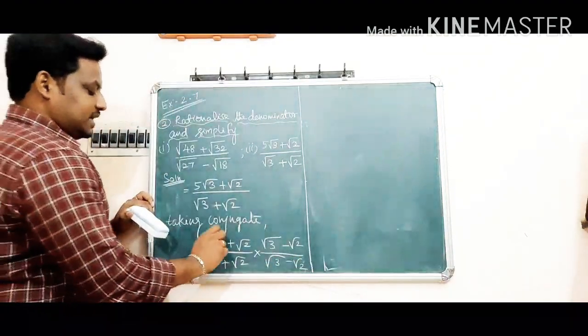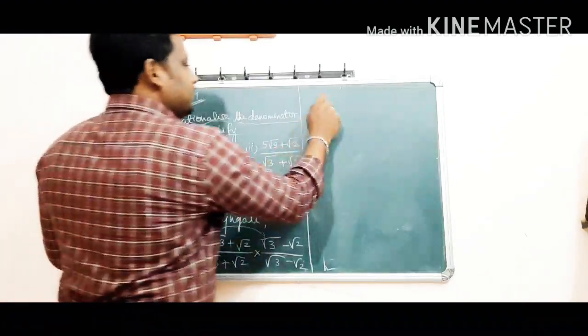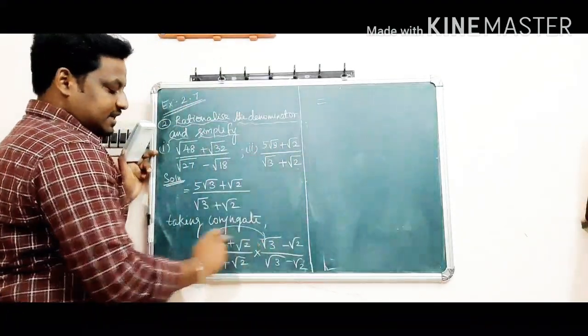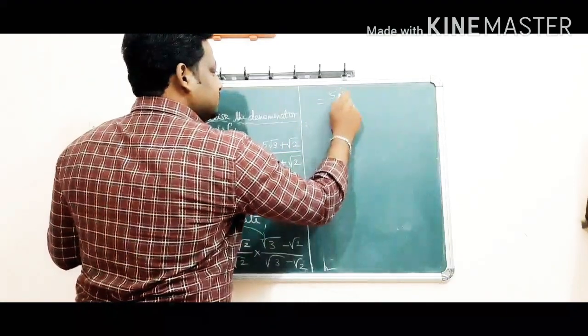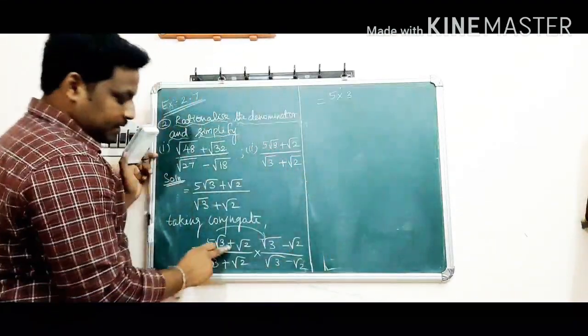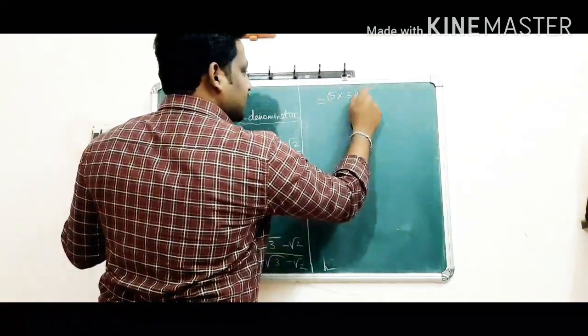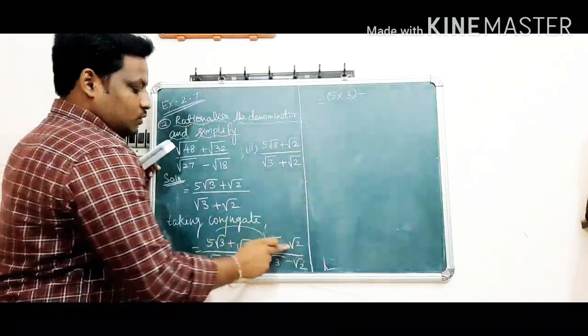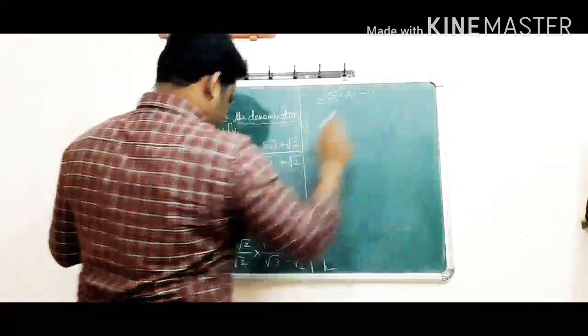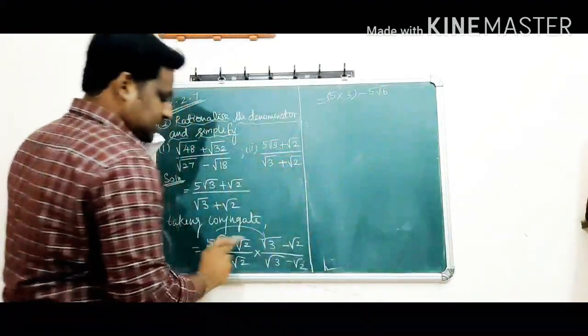Now you have to multiply. 5 root 3 into root 3: 5 into 1, 5, and root 3 into root 3, 3. Plus into minus, minus. 5 into 1, 5. Root 3 into root 2, root 6; 3 2s are 6.